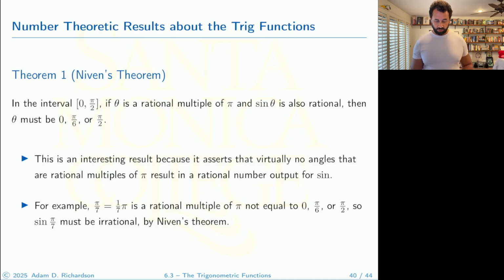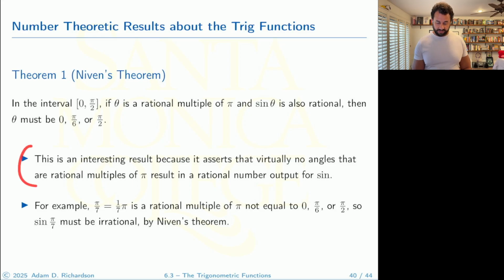All the other quadrants are going to be similar, right? There are only three possibilities for that angle: 0, pi over 6, or pi over 2.